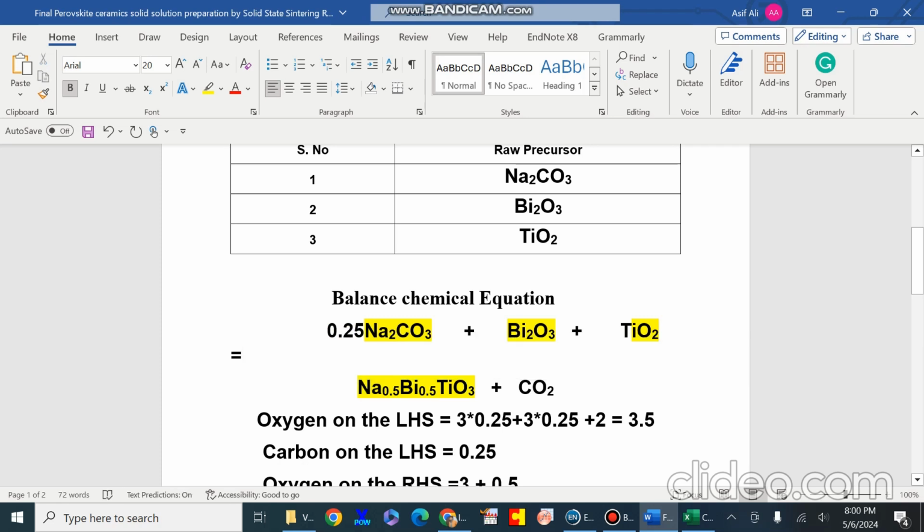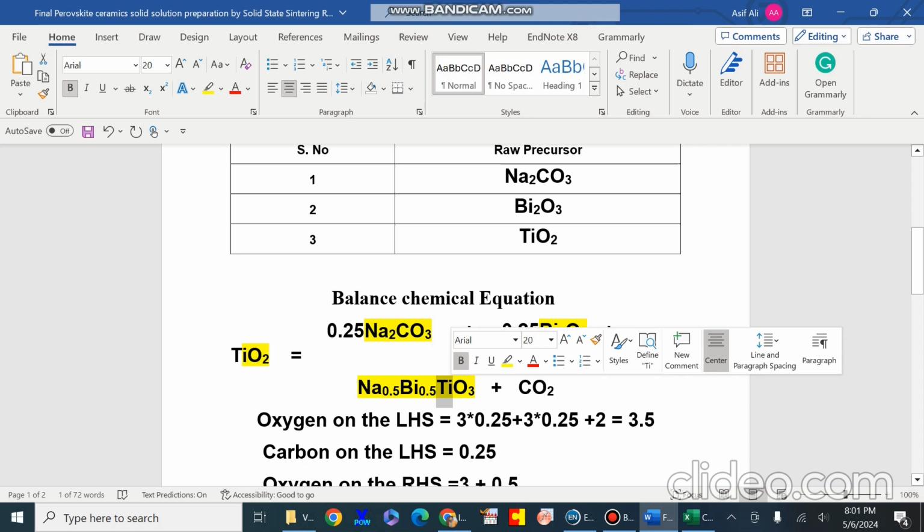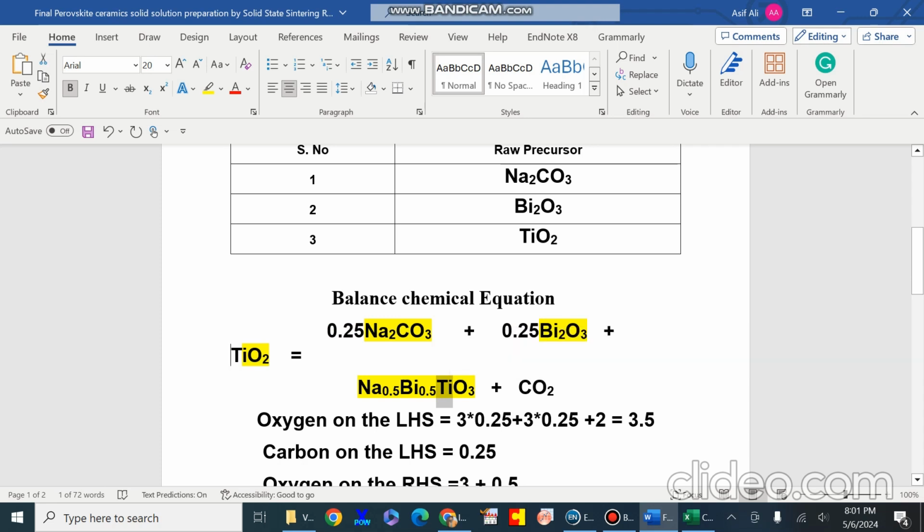And here we also need to put 0.25, because 0.25 multiplied by 2 gives 0.5. And we need 1 mole percent concentration of Ti, so the raw precursor also has Ti 1 mole percent. So this is the balanced chemical equation.